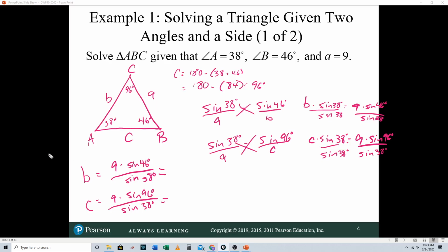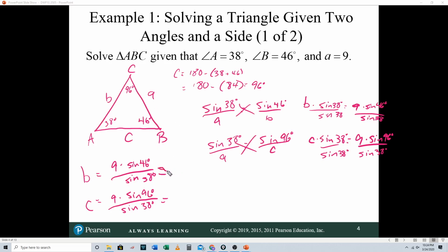And let's see what I'm going to get. So plug this in, fraction button: 9 sine of 46 over sine of 38. And that gives me 10.516. Okay, I don't know what they want us to go to, so let's go to 3 decimal places.